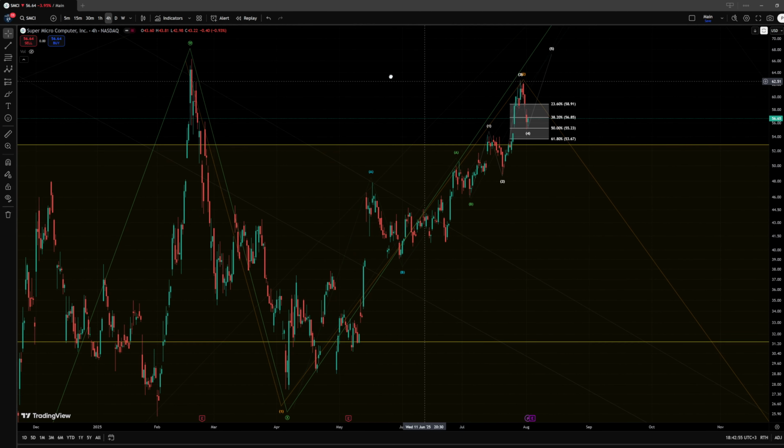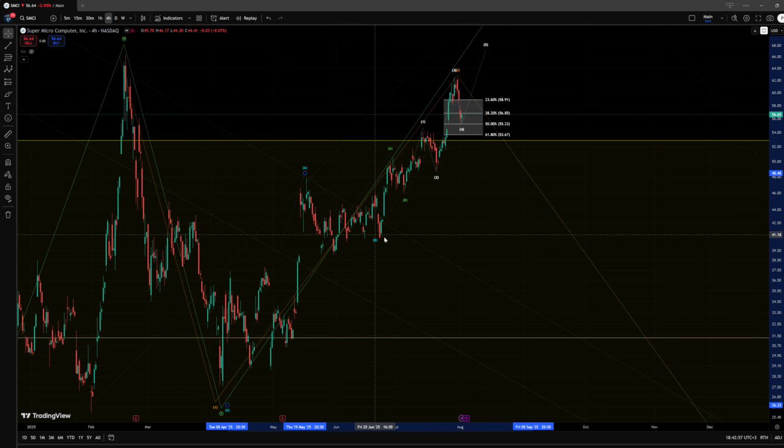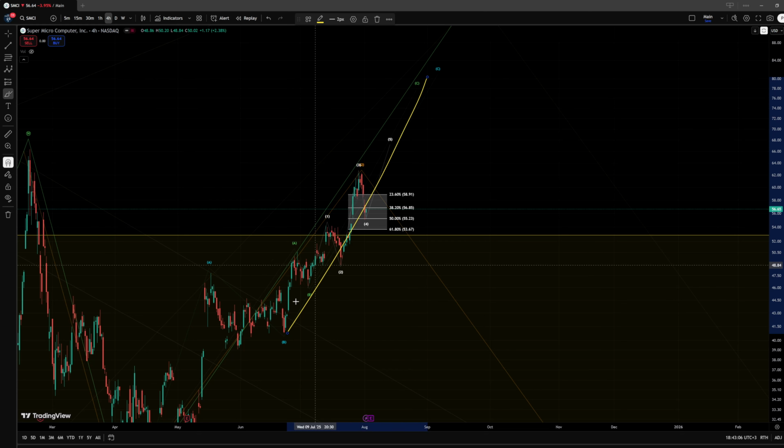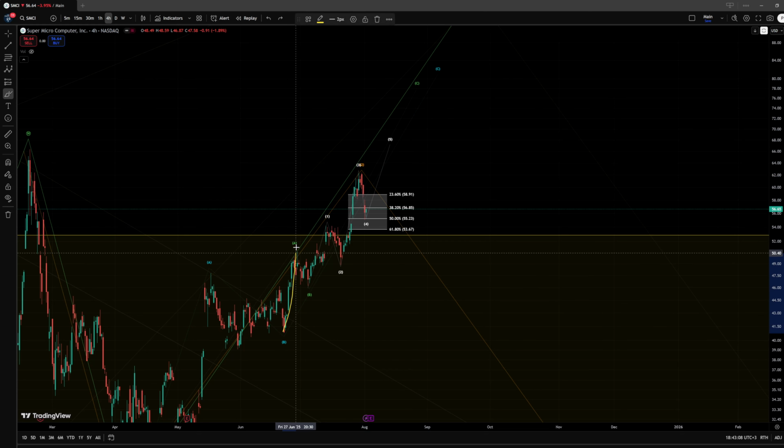And I was mentioning the alternative here where we would bottom in the B wave down here. So then we may actually be in a larger C wave in this case, and this would be a wave 1, this would be a wave 2, and the wave C that we would see in green would actually be only the third wave here.